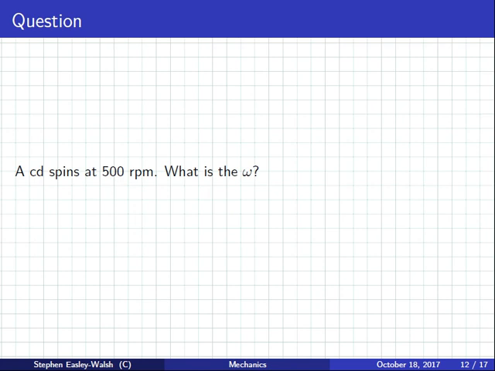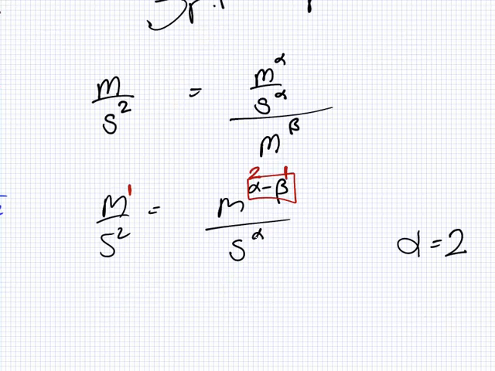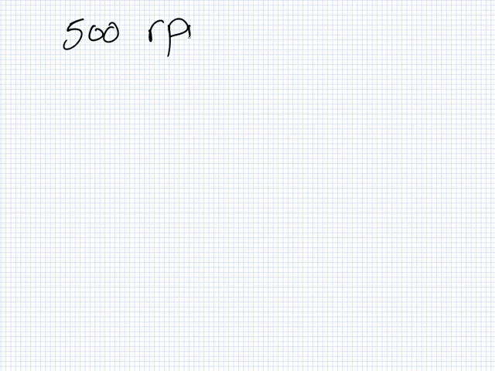How many times it turns in a minute? Yeah, that's what I said. So 500 RPM means it turns 500 times in 1 minute.